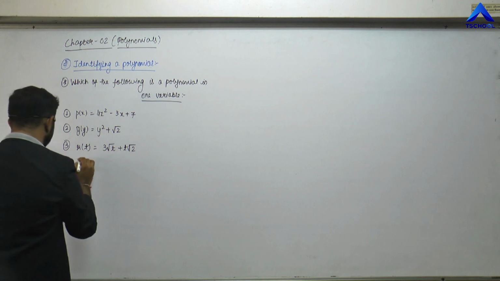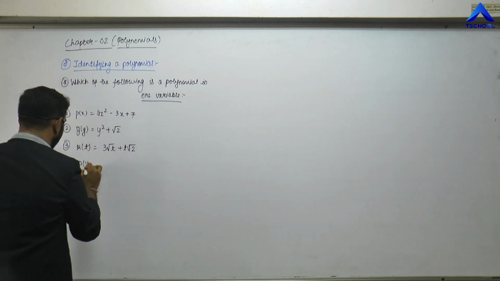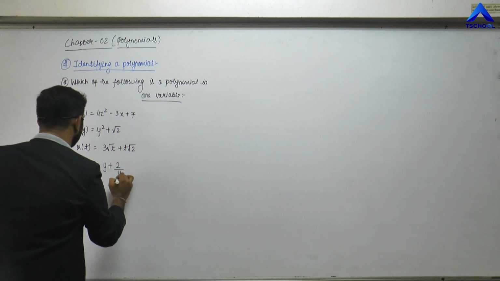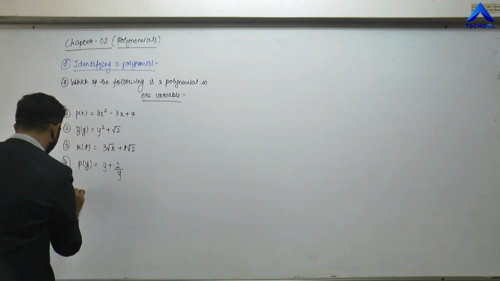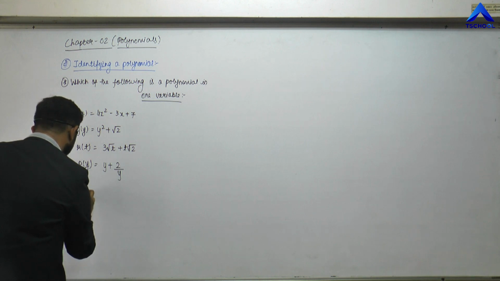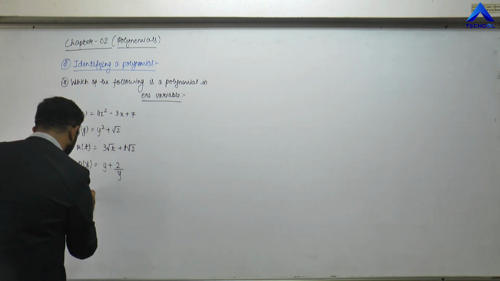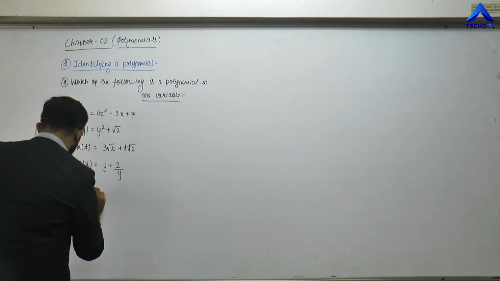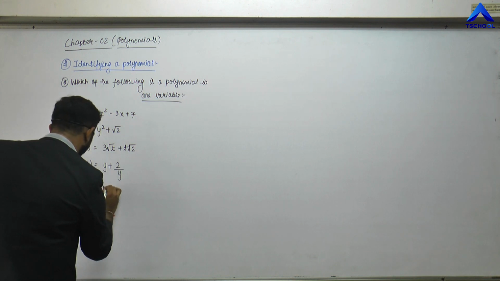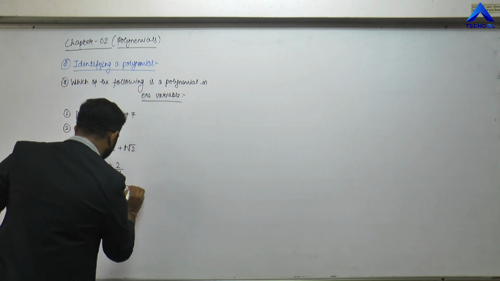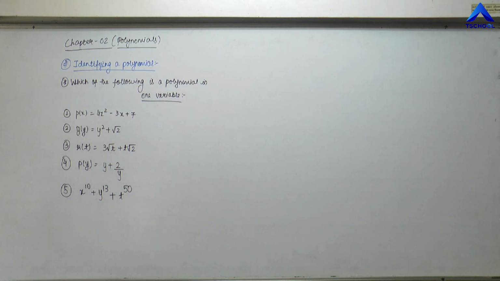The fourth one is p of y is equals to y plus 2 by y. And the fifth one is x raised to 10 plus y raised to 13 plus t raised to 50, right? So these are the 5 examples that I have written over here.